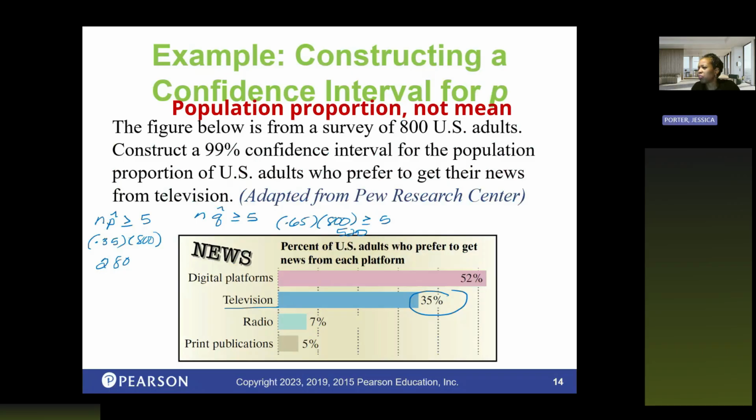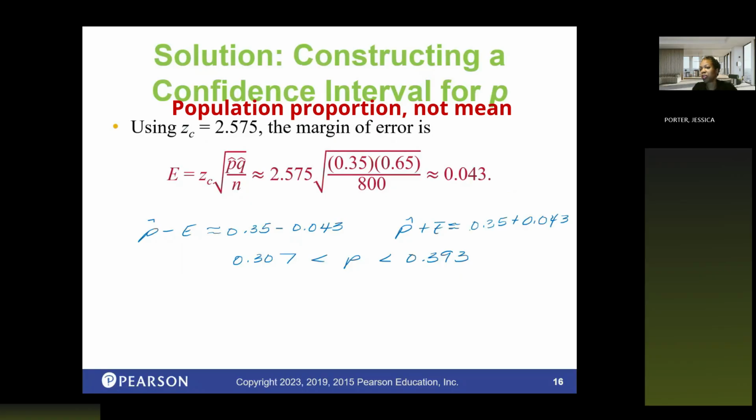The true proportion for US adults preferring to get their news from television is between, go back to our screen, 30.7 and 39.3%. And I just turned those into percentages. All right.